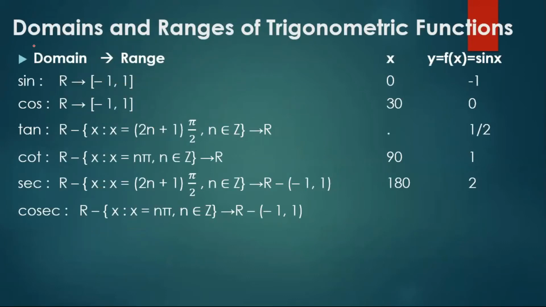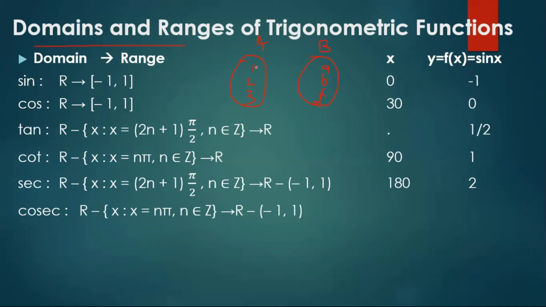Okay, domain and range. Domain means domain. If we have two sets, for example, this is our set A and this is our set B. You have elements 1, 2, 3, and here I have A, B, C, and D. Now just see how the relation is.